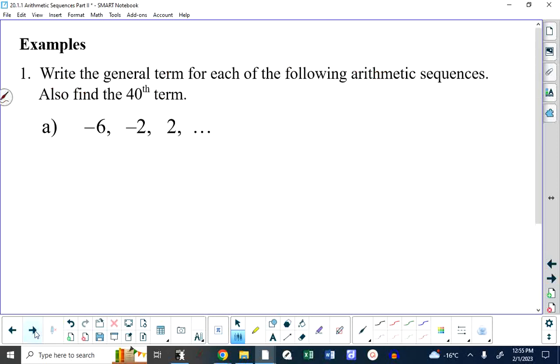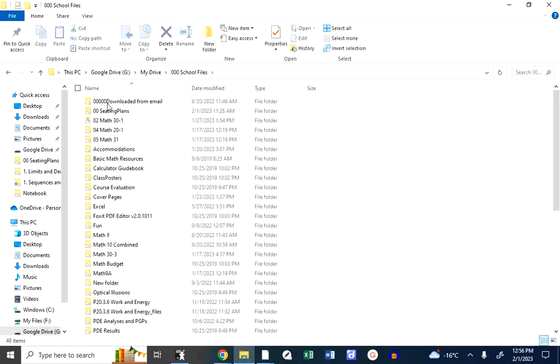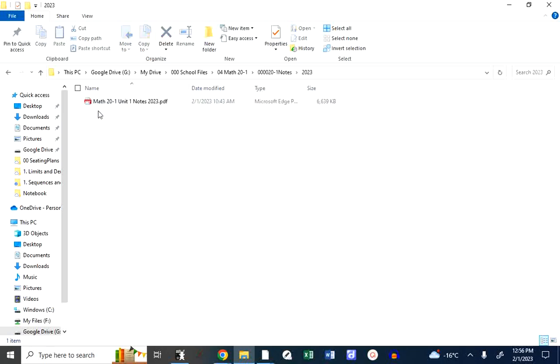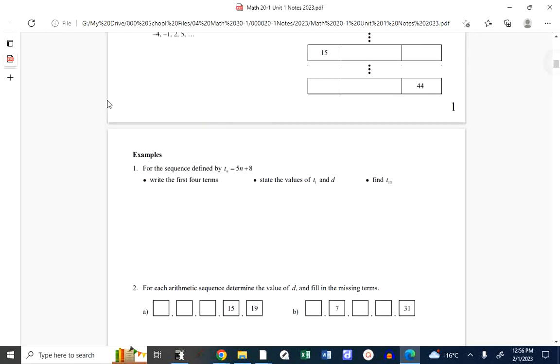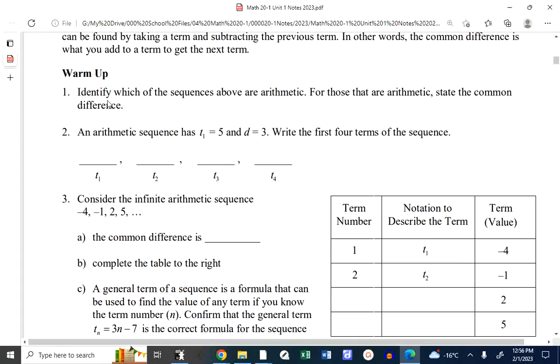All right, write the general term for each of the following arithmetic sequences. I don't know if you remember, but yesterday we had a sequence. I'll show it to you again. In one of our examples yesterday, we had this sequence here, -4, -1, 2, 5.